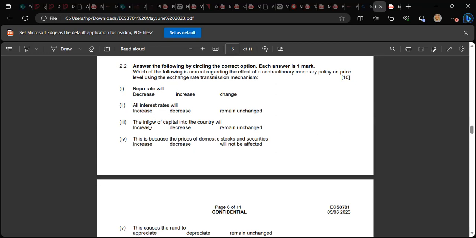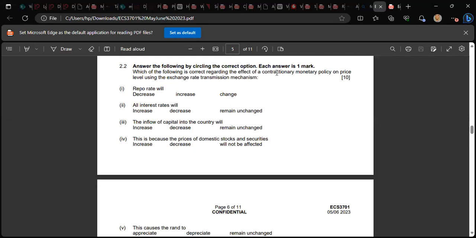Now, we want to talk about the effect of capital flow in the market. Now that we are dealing with the exchange rate transmission mechanism, we are saying, what effect do interest rates have on the exchange rates? That's what we are looking at now.